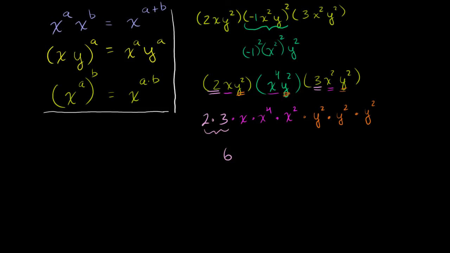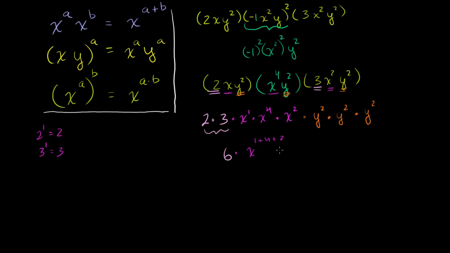And what is x times x to the fourth times x squared? Well, one thing to remember is x is the same thing as x to the first power. Anything to the first power is just that number. So 2 to the first power is just 2, 3 to the first power is just 3. So what is this going to be equal to? We have the same base, x, so we can add the exponents: x to the 1 plus 4 plus 2 power, and I will add it in the next step.